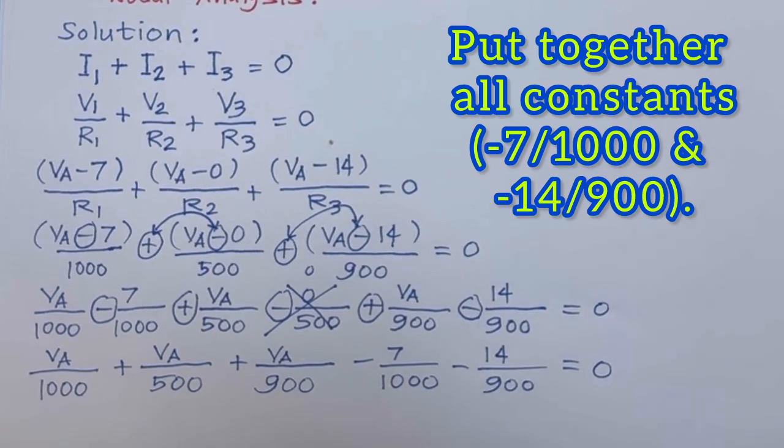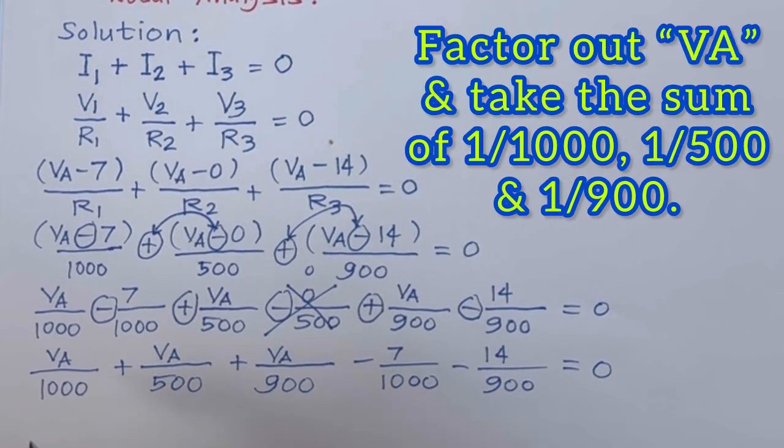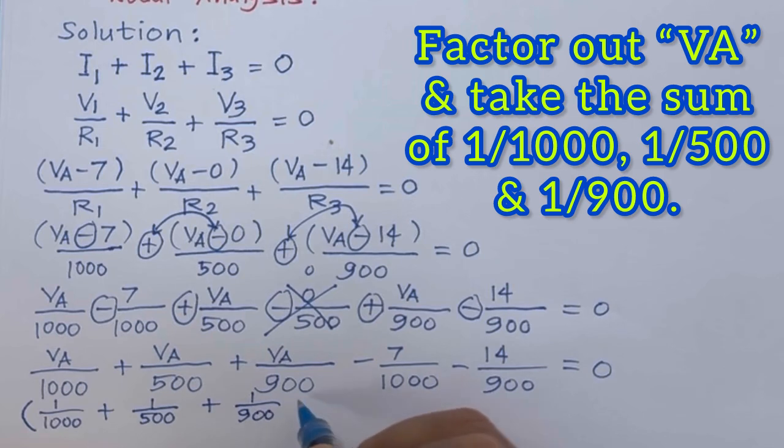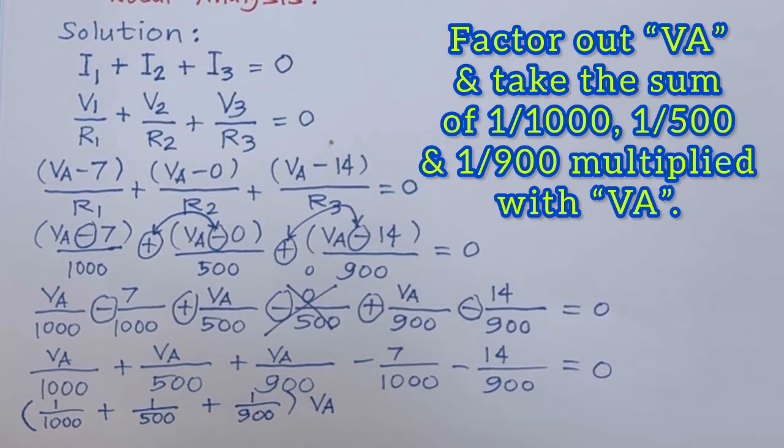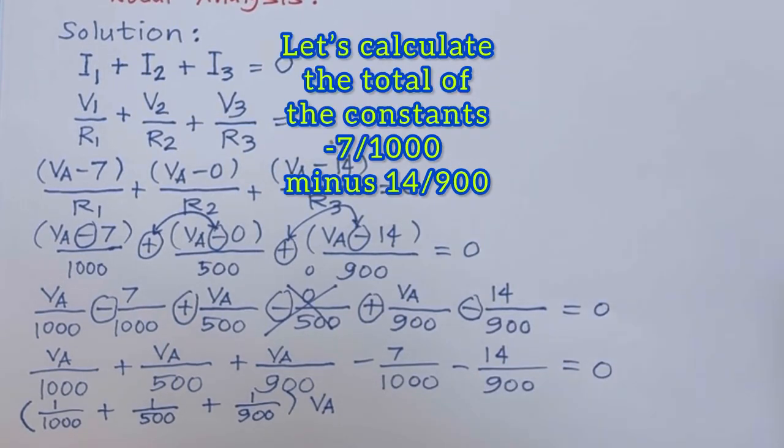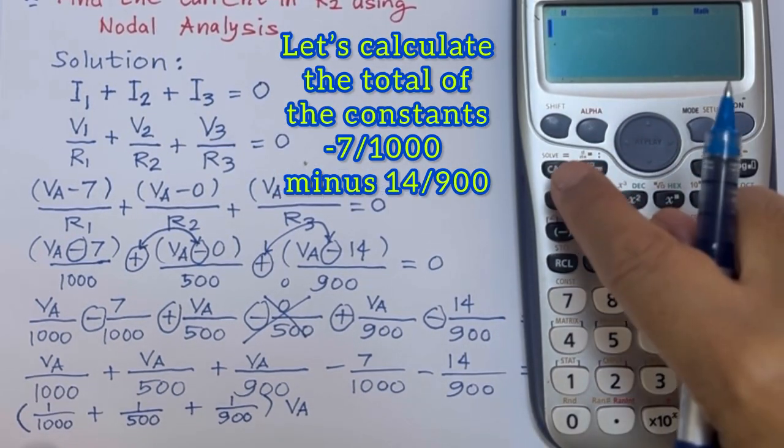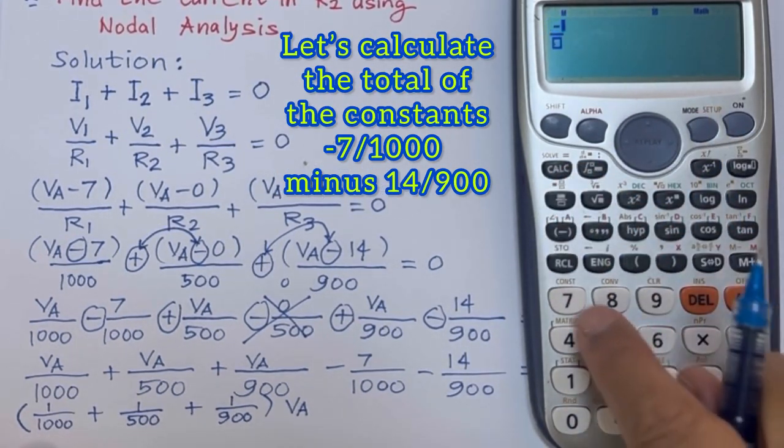Now, we will calculate the value of VA here by factoring out VA from all of the fractions, which is 1 over 1000, 1 over 500, and 1 over 900. So we factor out VA, and of course we need to calculate the constant values of minus 7 over 1000 and minus 14 over 900.